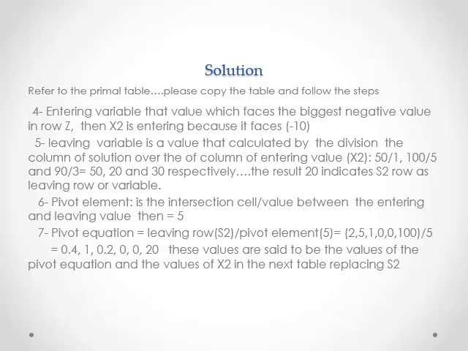The leaving row is the row of S2: 2, 5, 1, 0, 100 over the pivot element 5. The result is 0.4, 1, 0.2, 0, 20.